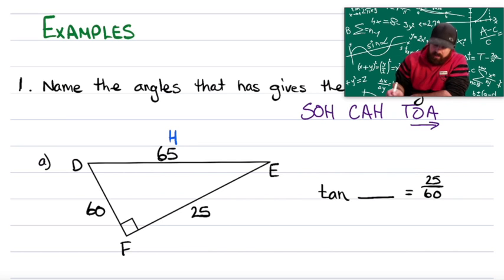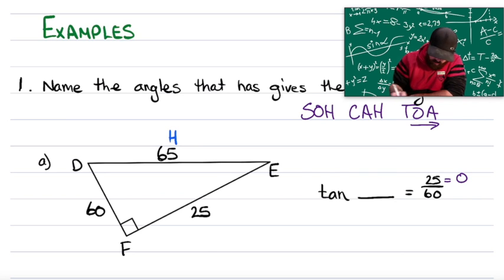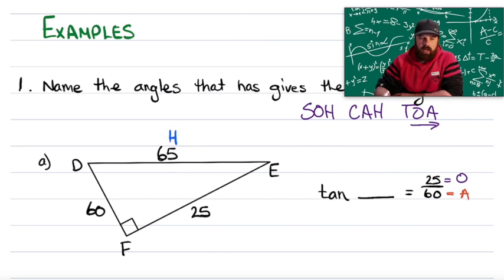So our fraction needs to be in the order of the opposite side over the adjacent side. So looking at our fraction here, we know that 25 is equal to the opposite side, and we know that 60 is equal to the adjacent side. So let's go through and label them on our triangle.